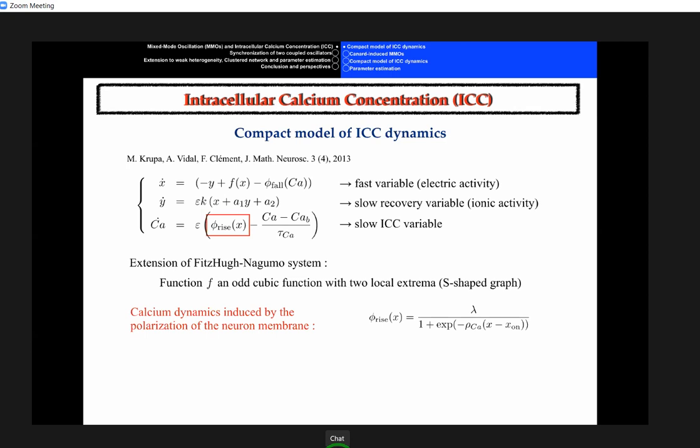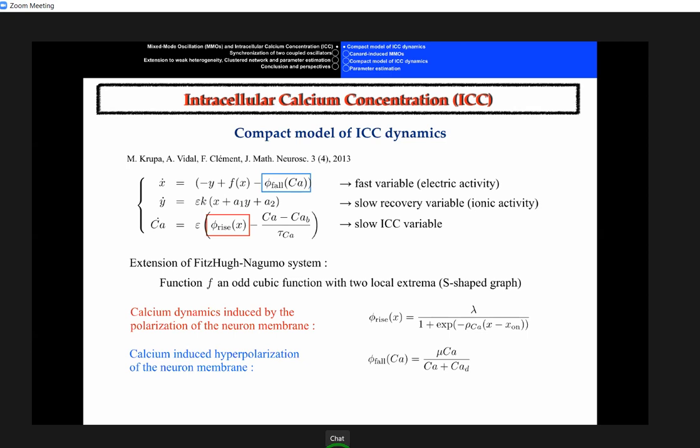On the other hand, we have in the calcium-induced calcium release mechanism some kind of feedback of the calcium dynamics onto the electrical activity, because it brings some equilibrium for the ionic gates of the neurons. When the intracellular calcium concentration starts to fall, it gives some equilibrium between the two sides of the membrane of the neuron.